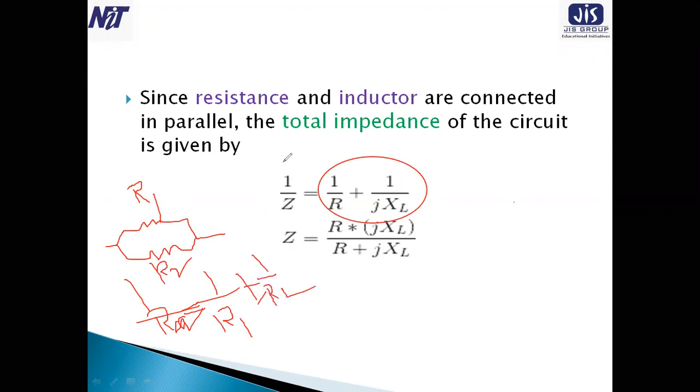The same concept applies: we consider Z as the total impedance, that is 1 by R for resistance and 1 by JXL for inductance. So 1 by Z equals 1 by R plus 1 by JXL.